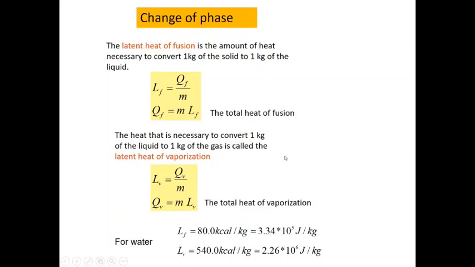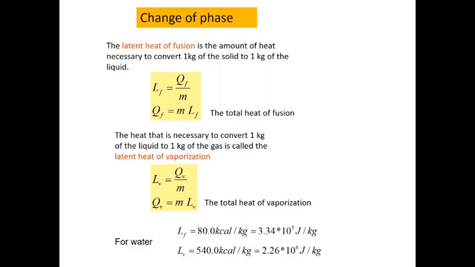That means in order to convert 1 kilogram of ice to 1 kilogram of water, you need 80 kilocalorie of energy, or 3.34 10 to the 5 joules of energy.